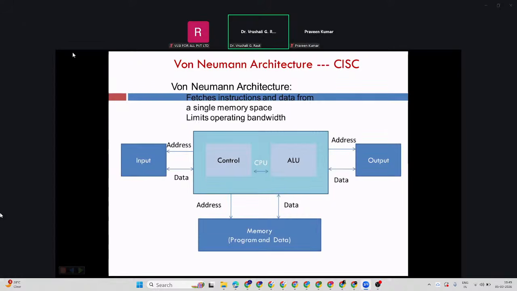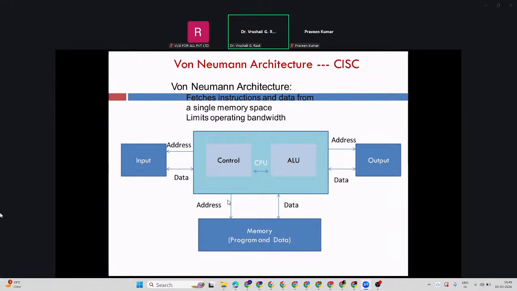While talking about this RISC and CISC, again, we have to just once recall the von Neumann architecture and the Harvard architecture. While talking about this architecture, I'll recall what we mean by von Neumann architecture. We have program and data memory in common. Is it right? Program and data memory is in common.